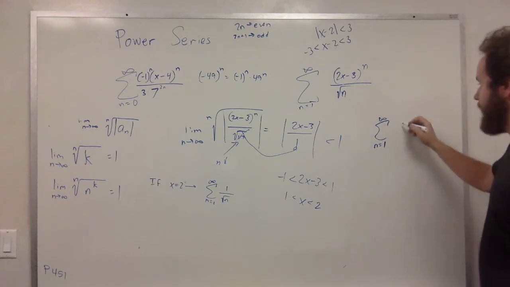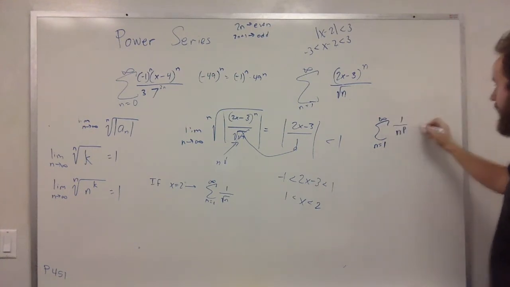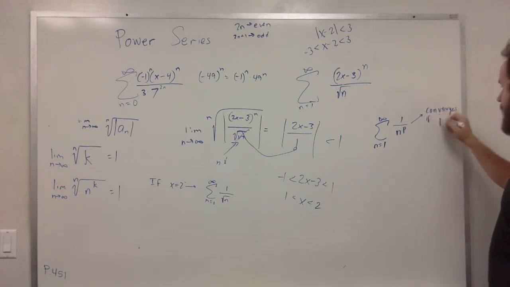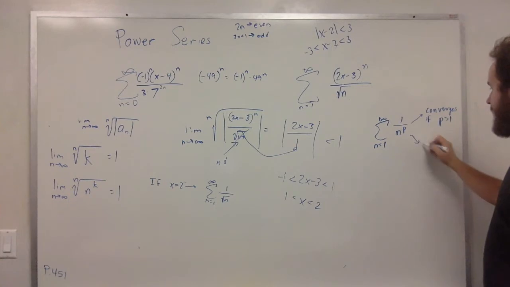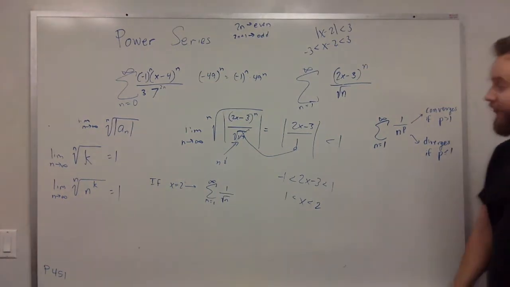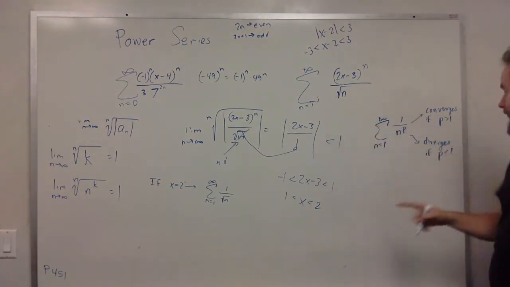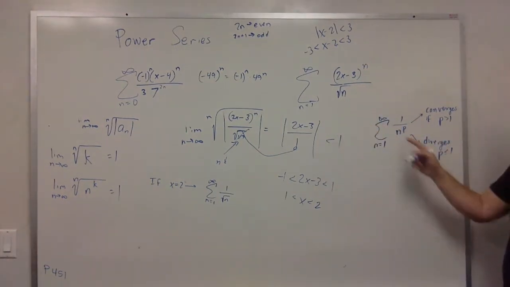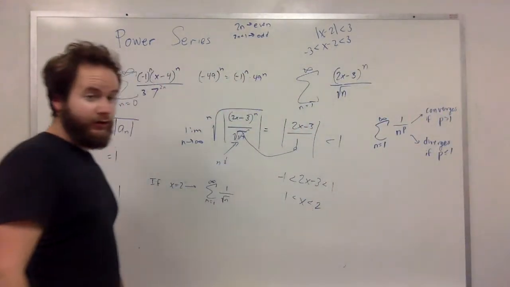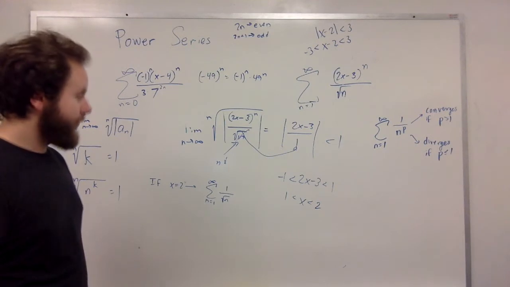When you're looking at the series 1 over n to the p, this converges if p is larger than 1, and it diverges if p is less than or equal to 1. Because our power here is 1/2, that's less than 1, so this series will diverge. And because it diverges, we cannot include 2. We will not be including 2 on our interval of convergence.